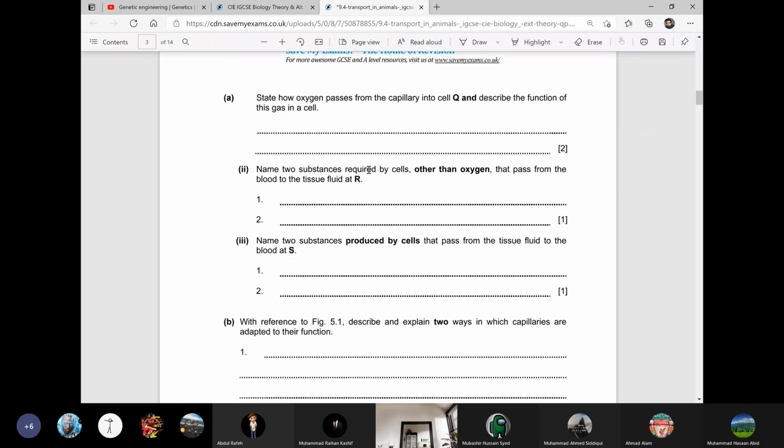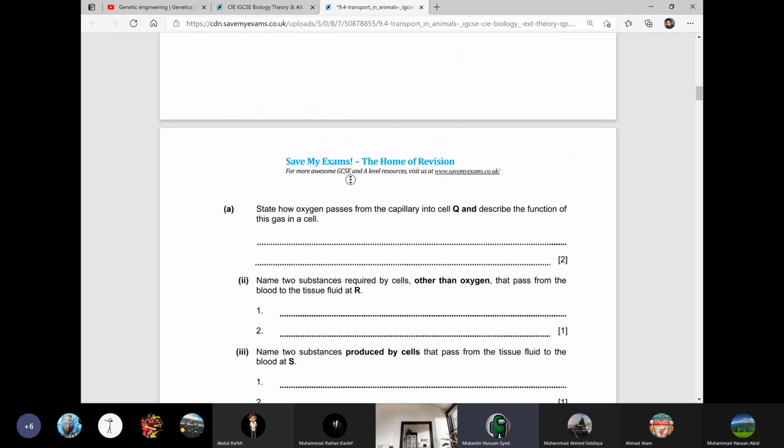Name two substances required by cells, other than oxygen, that pass from the blood to the tissue fluid at R. Now he is saying they move from the blood to the tissue fluid other than oxygen. Sir, can you go back to the diagram?